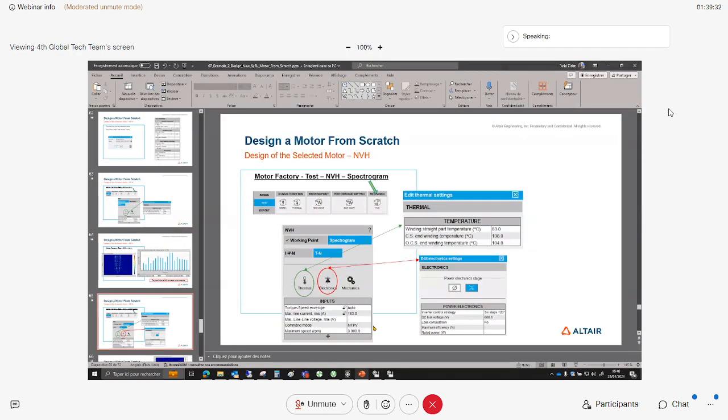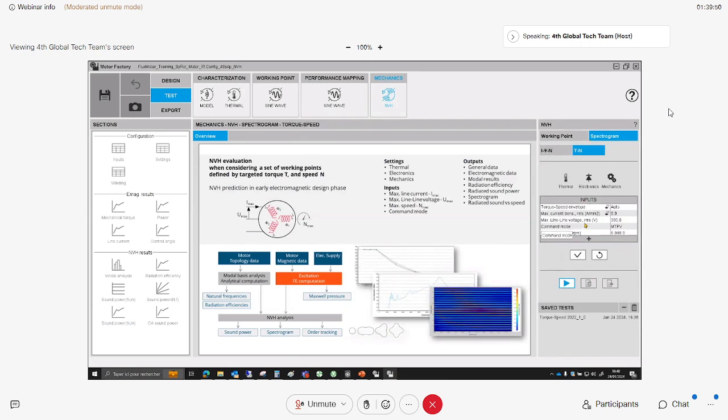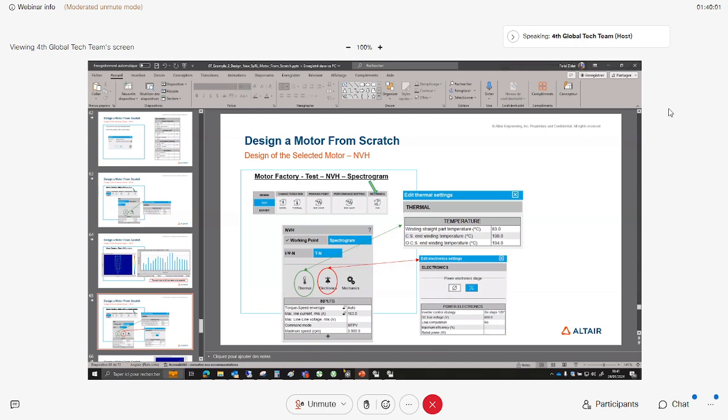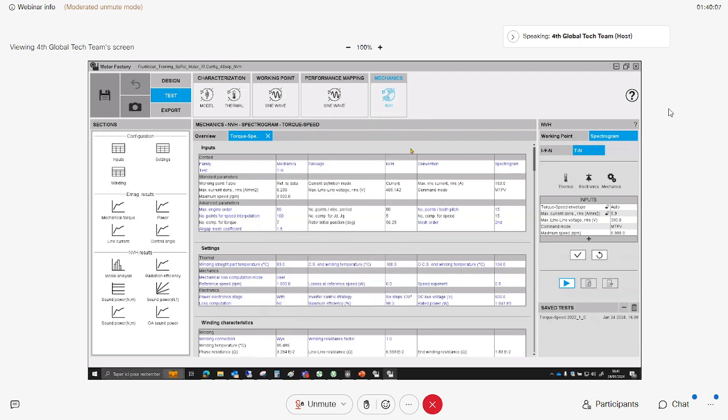And then the other test we can do is the spectrogram. This is an additional test because once again in the specification I have only 2 poles, but let's consider the spectrogram, right? And let's consider the envelope of the efficiency map. So to do that, once again you have to put the temperatures we computed previously, right?